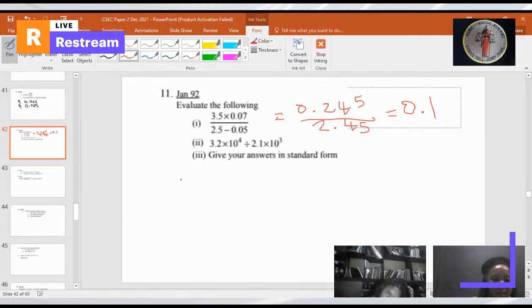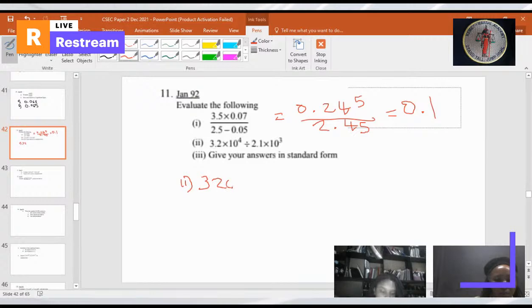And for E, Miss, it said give the answers in standard form, so should we change it now or last? When we reach here, okay, Miss, so 3.24 times 10 to the fourth power would be 1, 2, 3, 4, 32,000. That's a big number.